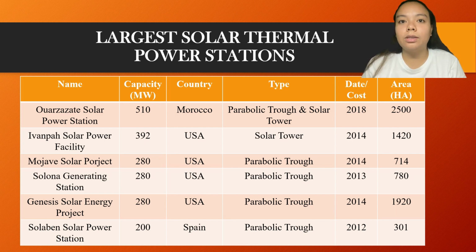And the last one is the Solaben Solar Power Station, which has a capacity of 200 megawatts, located in Spain, and is a parabolic trough type, dated 2012, with an area of 301 hectares.